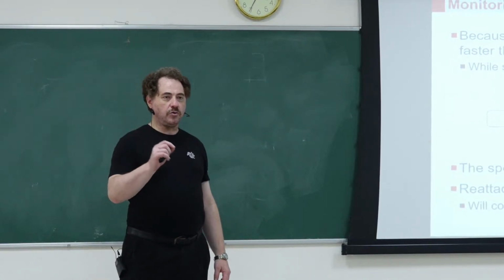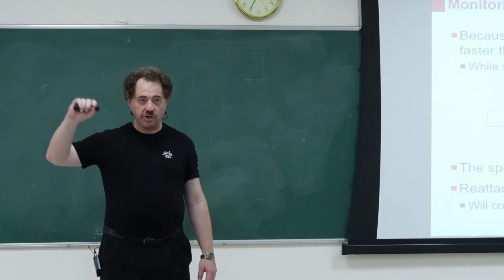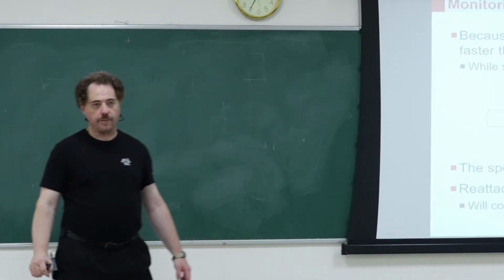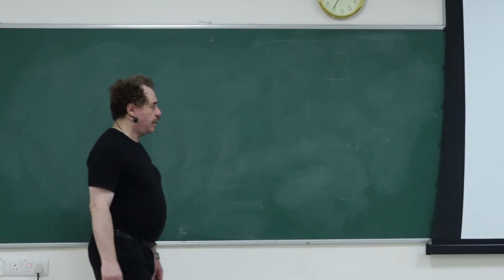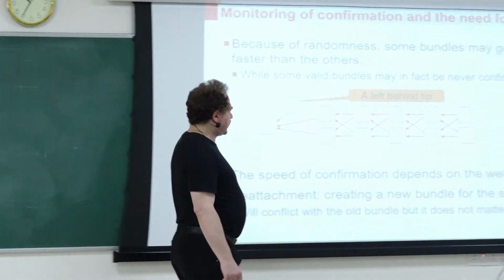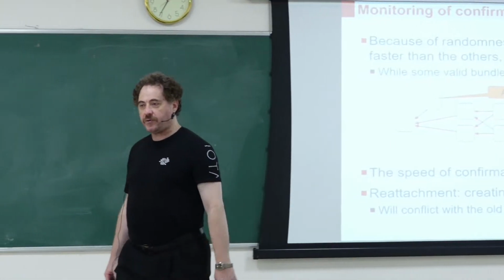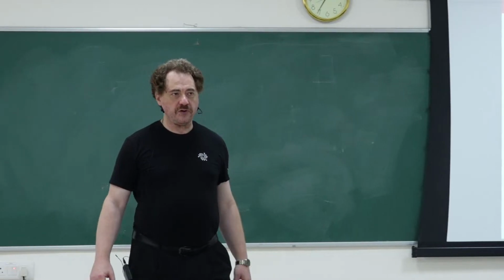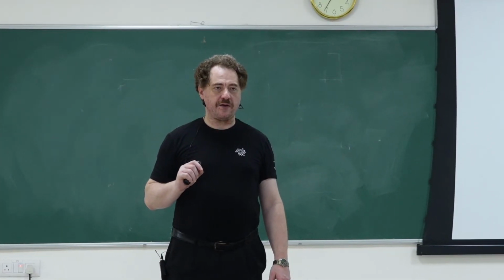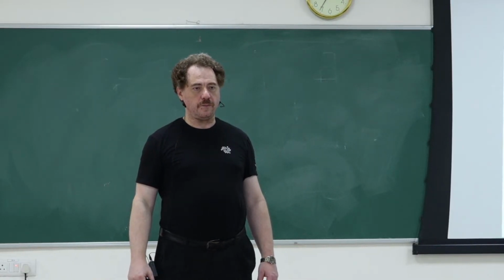Then we need to, it's called a reattachment, take the same transaction and attach it in a different place in the DAG. And this is something that also happens with double spending. If there is double spending, then after it's discovered, one of the double spending vertices will be left behind. It will not be confirmed.